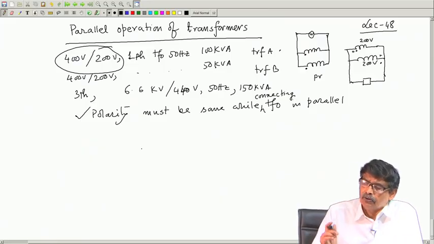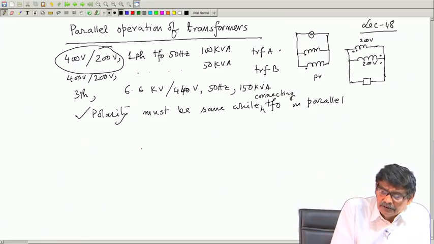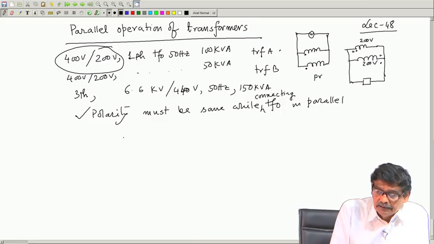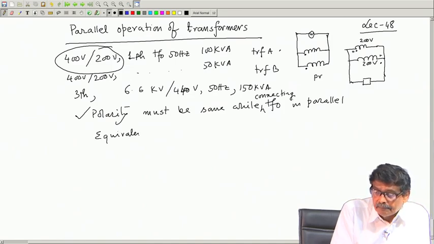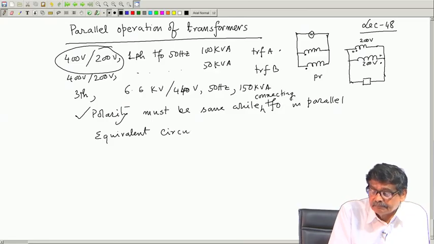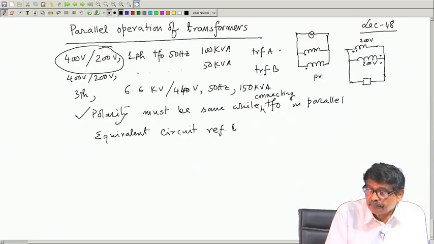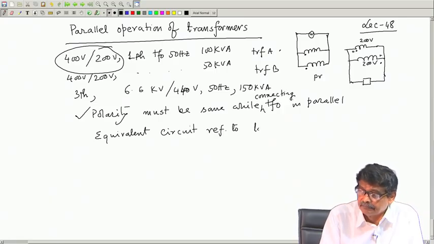So, for transformers which will be in parallel, I will always draw the equivalent circuit referred to the load side.